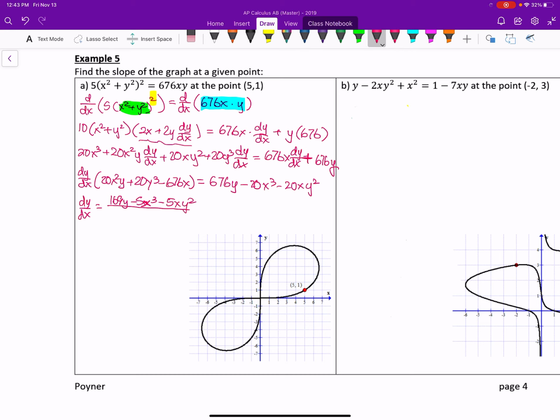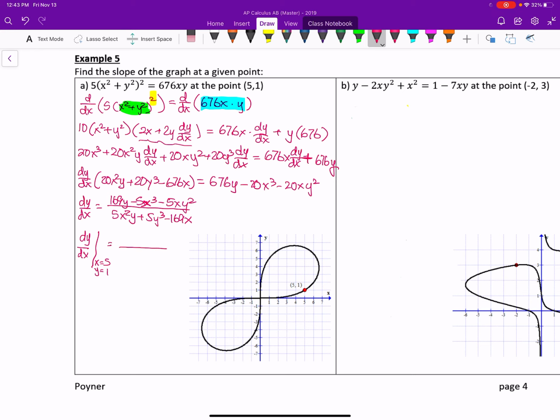And in the denominator, we get 5x squared y plus 5y cubed minus 169x. And I want to find it at the point where x is equal to 5 and y is equal to 1.